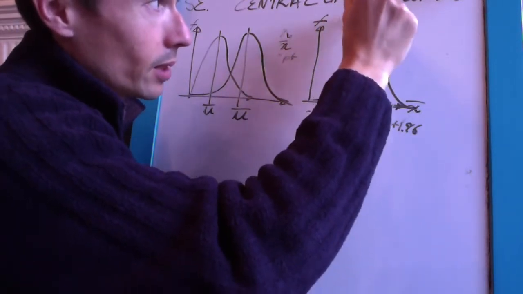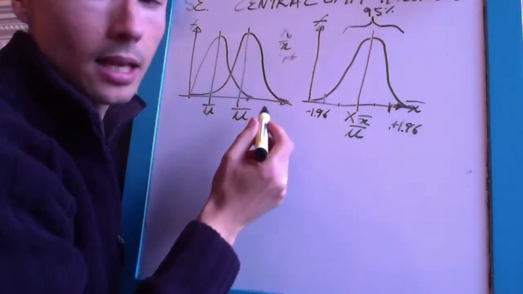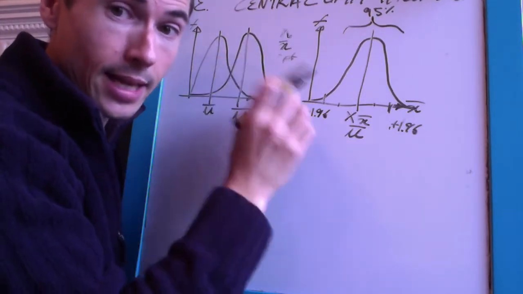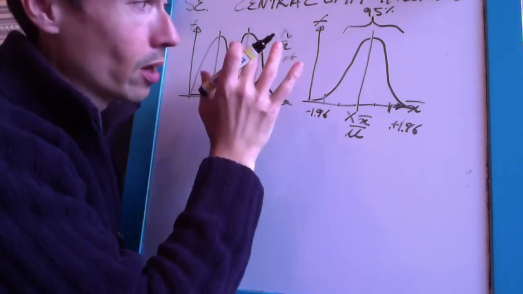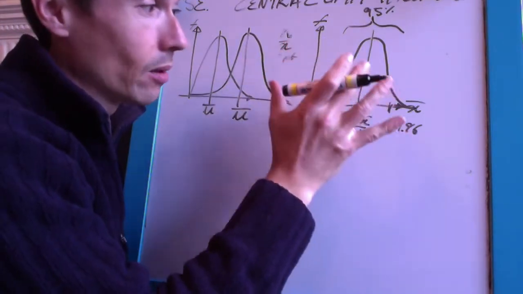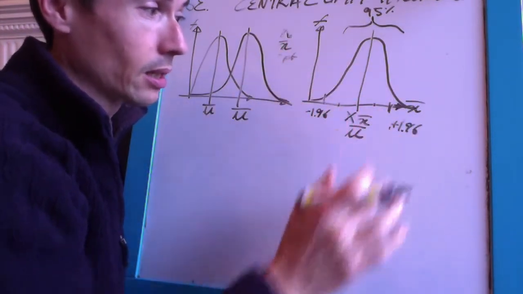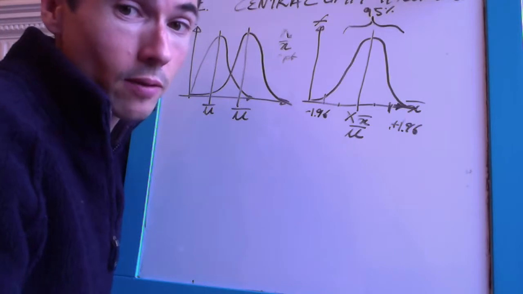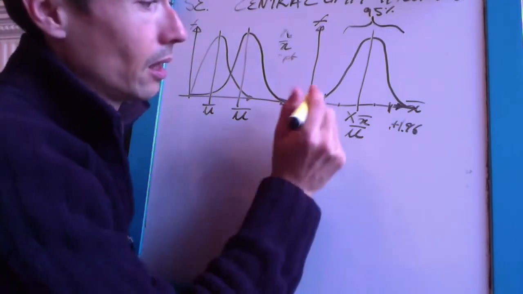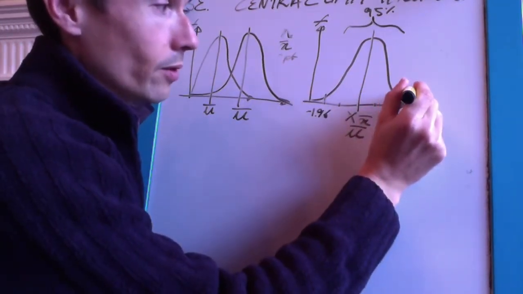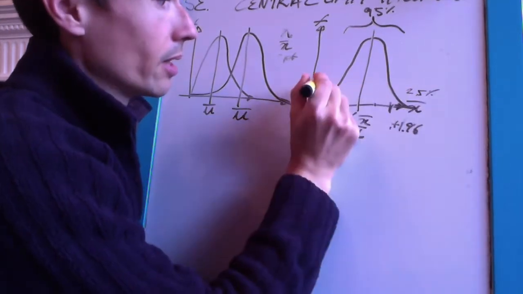So 95% of any sample means will lie within 1.96 standard deviations of the mean, which means that 5% won't. 5% will be outside that range.